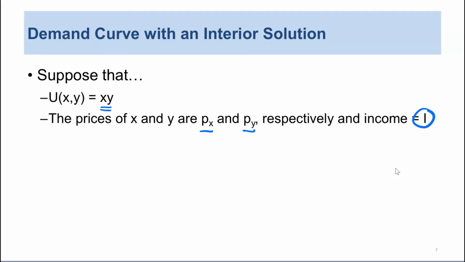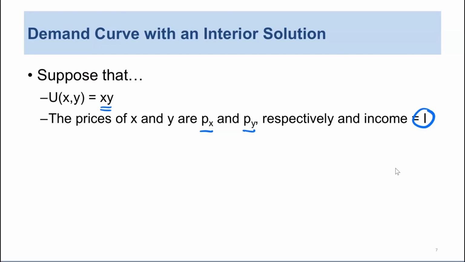And given this utility function, we know that either 0 units of X or 0 units of Y is not going to be chosen, because we have another point that generates higher utility.